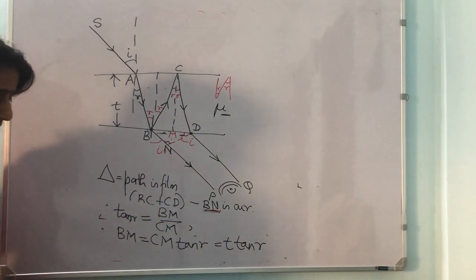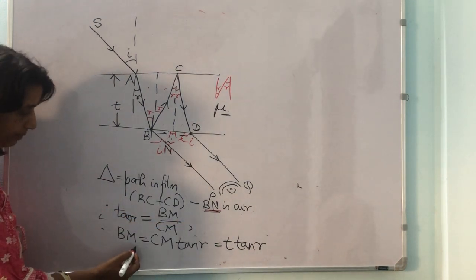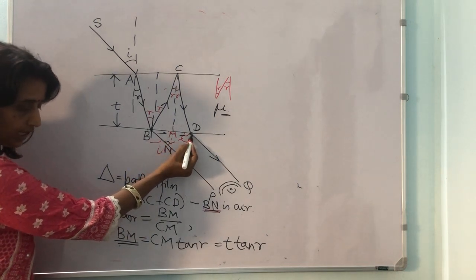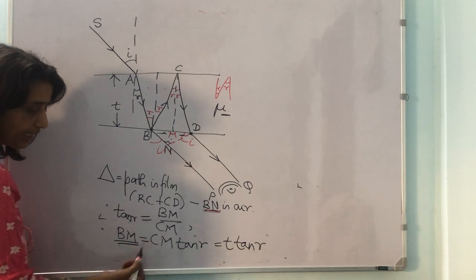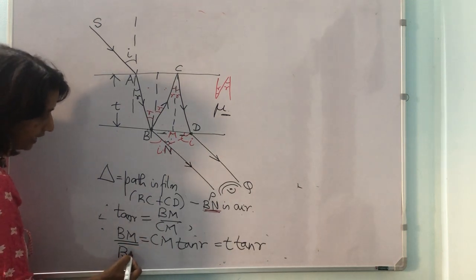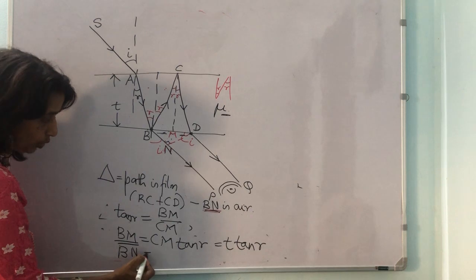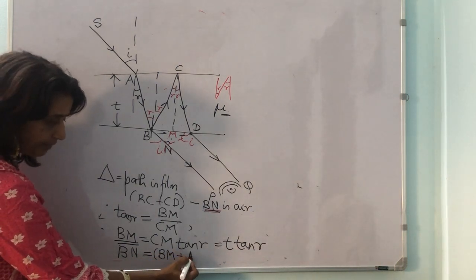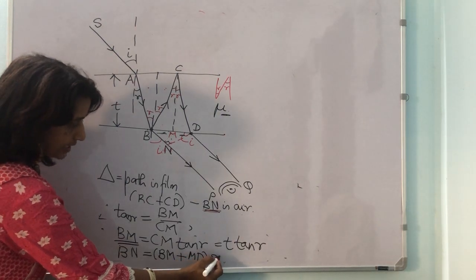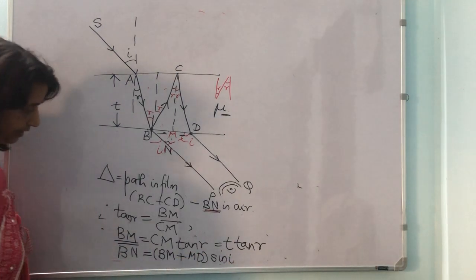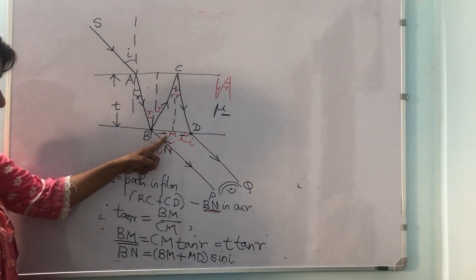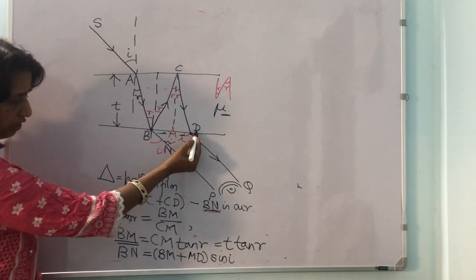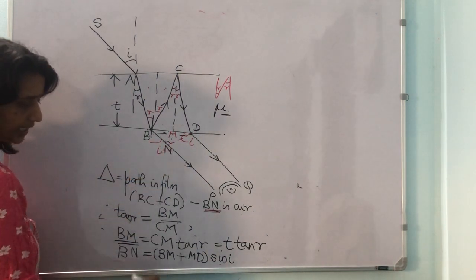One more thing, BM is equal to MD. So BN is equal to BM plus MD into sin I, from this triangle. Straight away, instead of BD, I have written it as BM plus MD.